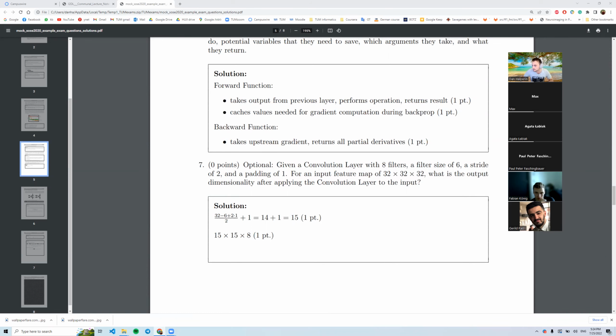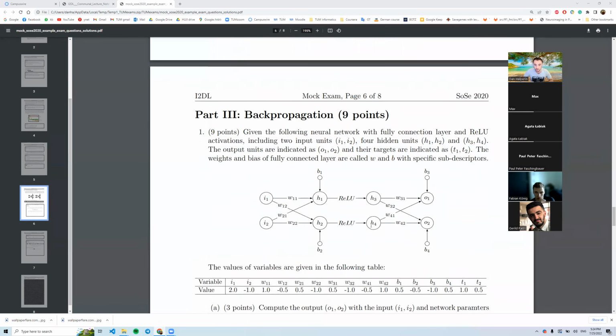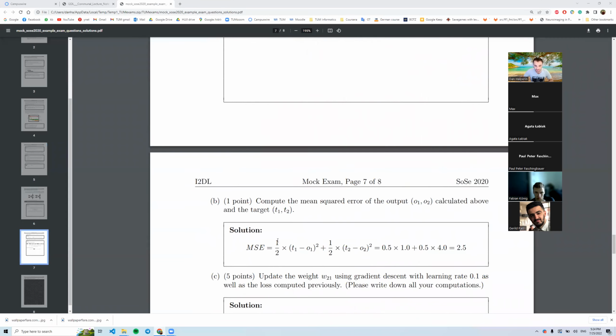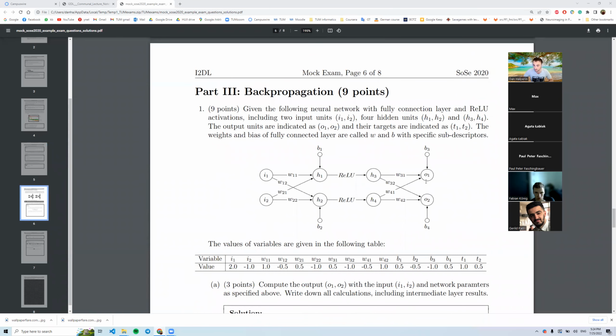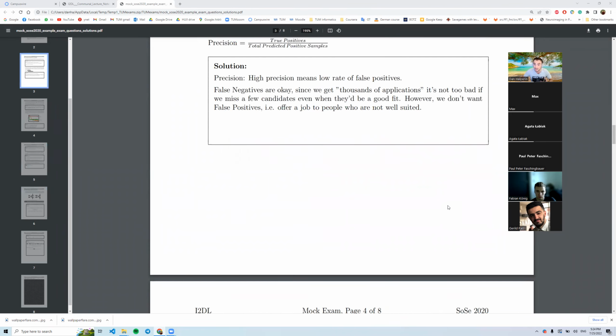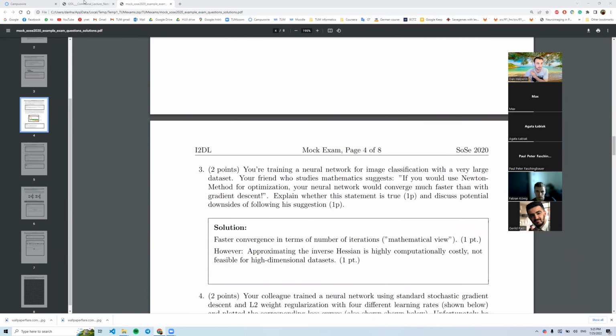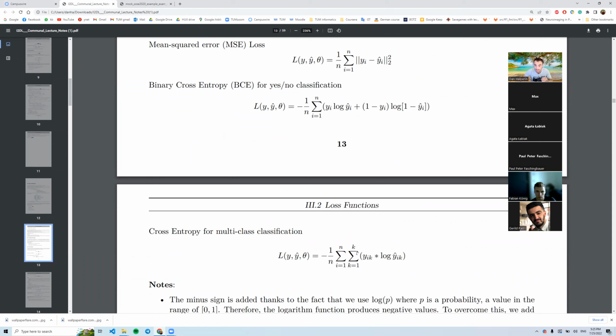Now, for the question of why we use the half here: it is because we have two output neurons that we use both of for the loss function. In the L2 loss that we use in the MSE, we use both of them.